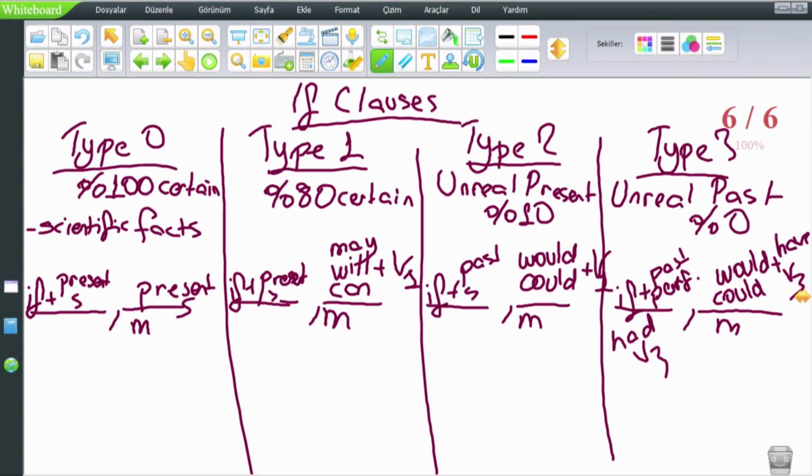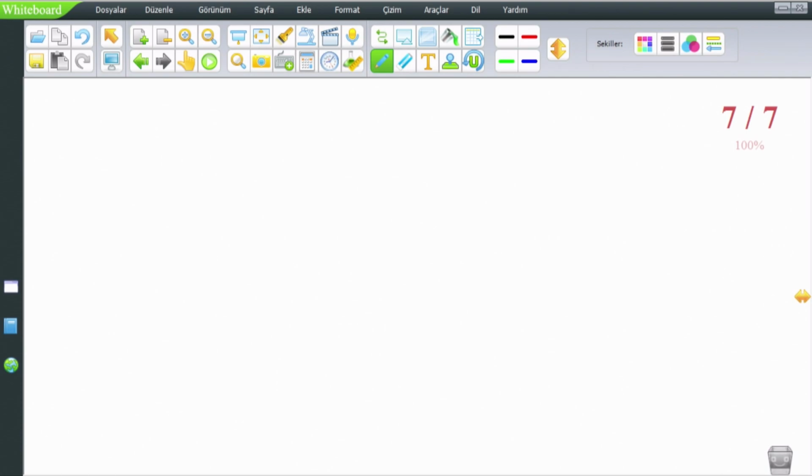Then we have talked about modals, which we're going to briefly summarize. We started with modal verbs 1. We said that modal 1 represents present modals. When we are using these modals, we are referring to now.